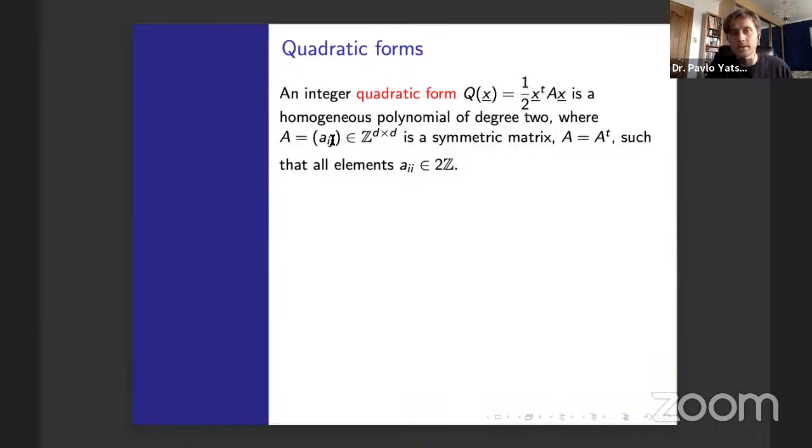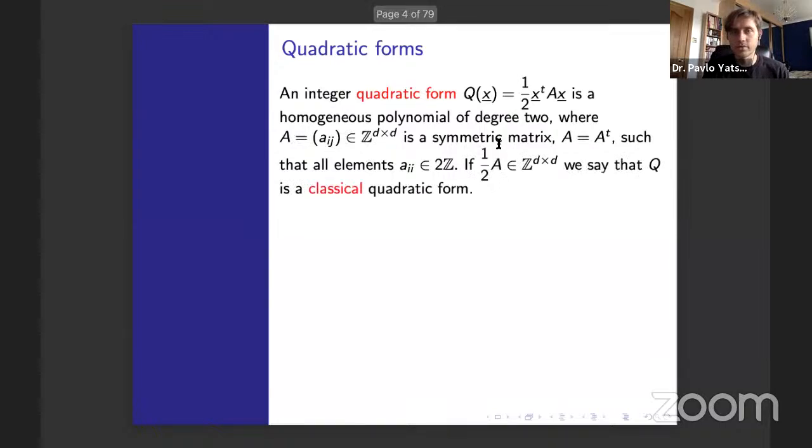So the diagonal becomes 1, not necessarily even. This is our integer quadratic form. In the special case when this matrix, divided by 2, is an integer matrix, we say the quadratic form corresponding to it is a classical quadratic form.